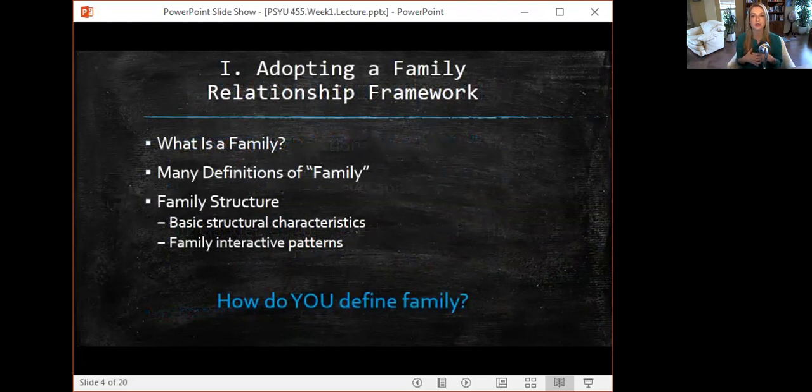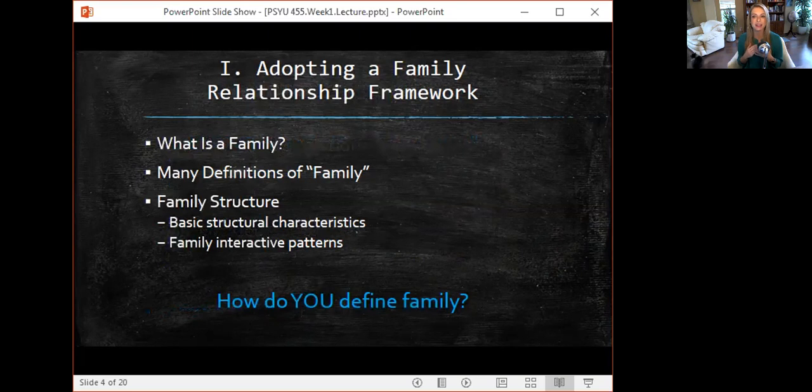Important in considering the family relationships framework, or in adopting a family relationships framework, is the consideration of what is a family. This is what you guys are asked to consider in your discussion board this week. And my thoughts on the subject is that a family is a natural social system that occurs in a diversity of forms today and represents a diversity of cultural heritages.